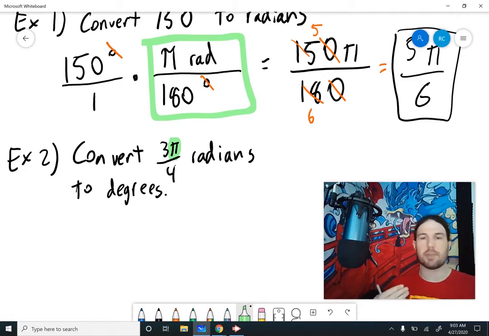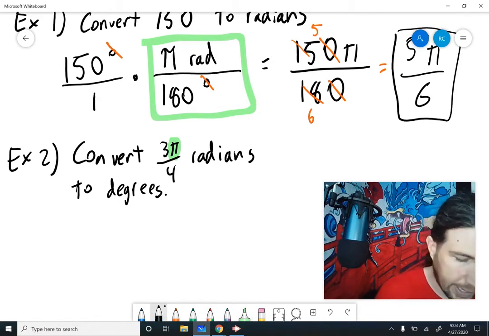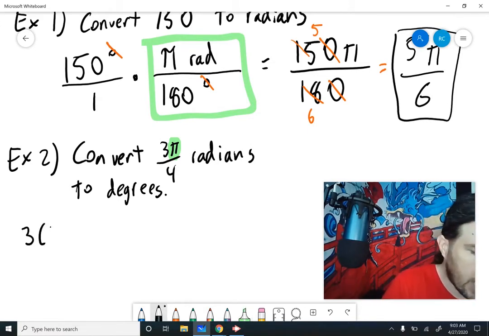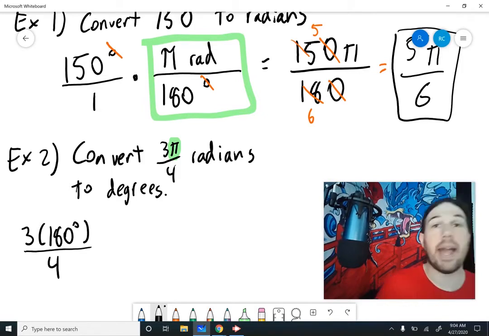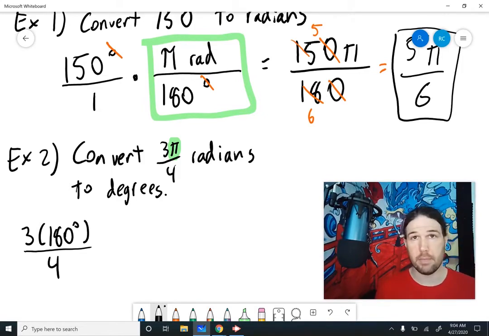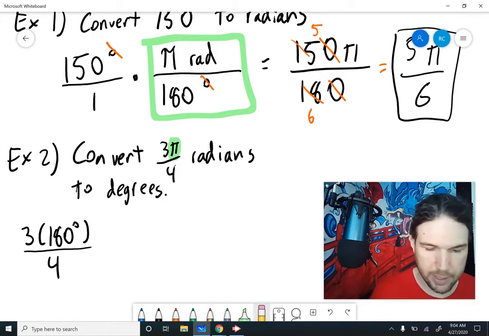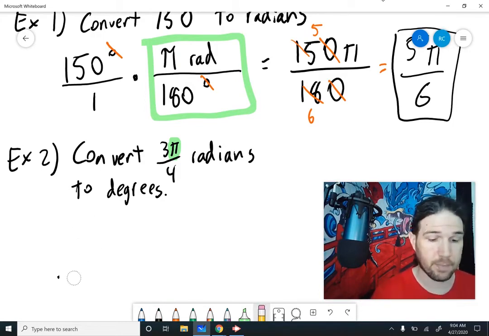We can just do a substitution. We can say that this is 3 times 180 degrees over 4, and then we can go from there. So anytime you're converting radians to degrees, if there is a pi in the radians, you can just take out the pi and substitute in 180 degrees. That will work.